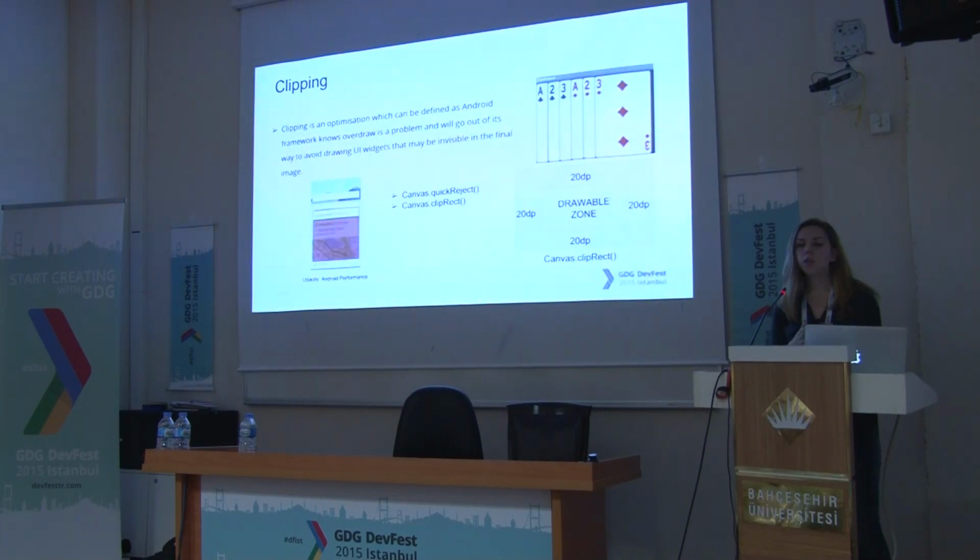Android system knows that overdraw is a real problem, and it optimizes it. But when we write custom views and override onDraw, then it won't work. The system won't know if the view will be hidden or not.